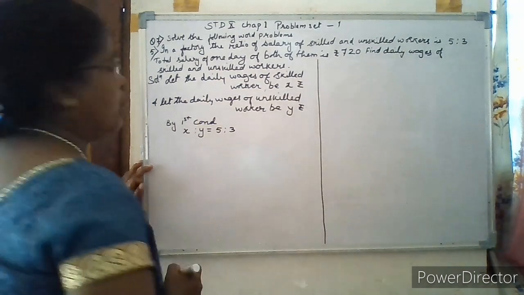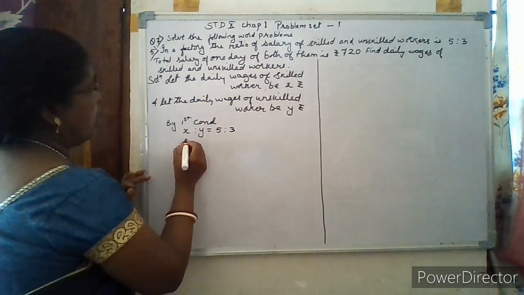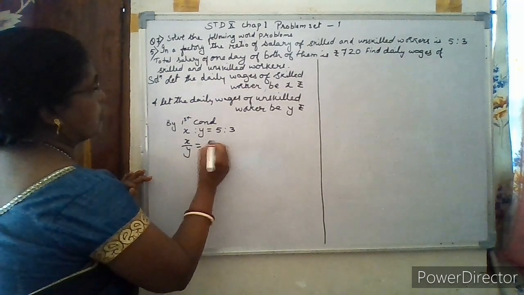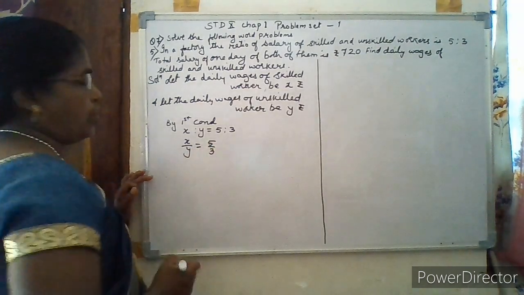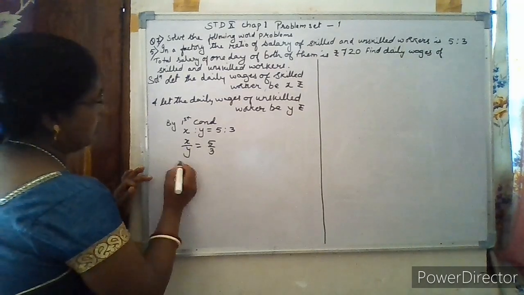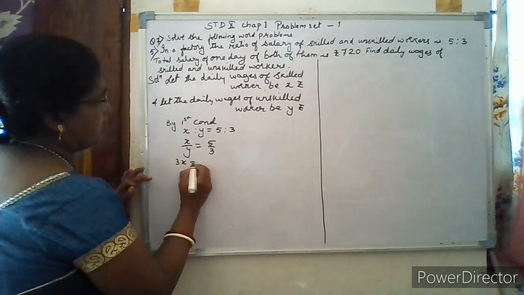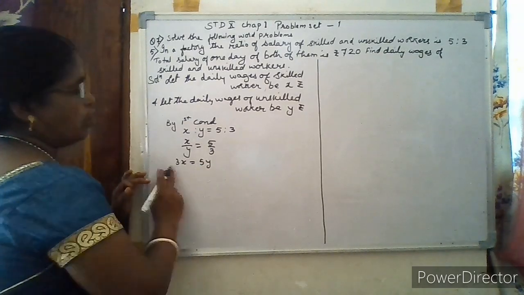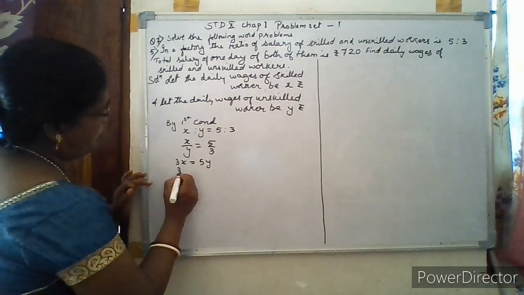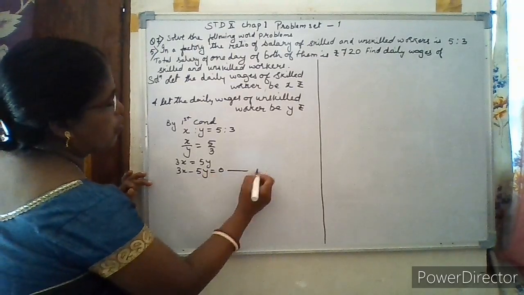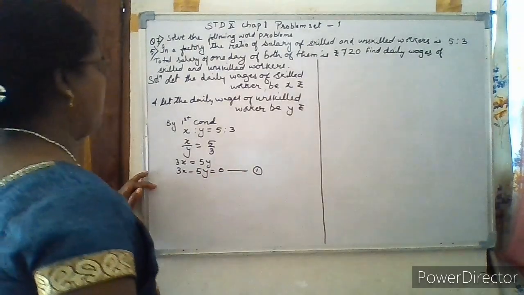We can write it in this form, x by y is equal to 5 by 3. So by cross product, we get 3x is equal to 5y. So bring this in linear form: 3x minus 5y is equal to 0, as equation 1.